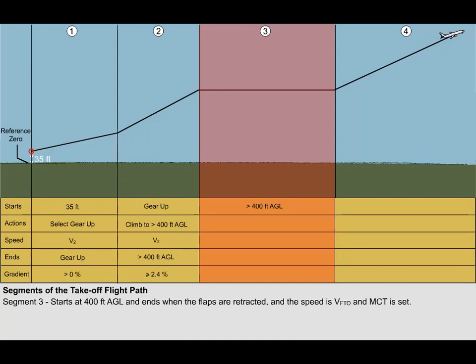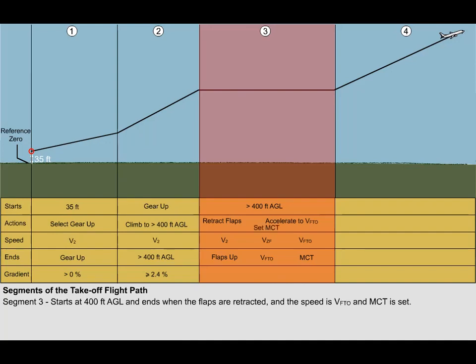However, retracting the flaps will increase the stall speed. This reduces the aeroplane's safety margin. Therefore, the aeroplane must accelerate during flap retraction from V2 to the 0 flap speed and then to the final takeoff speed. The final takeoff speed is also called the final segment speed and is intended to be the one engine inoperative best angle of climb speed.